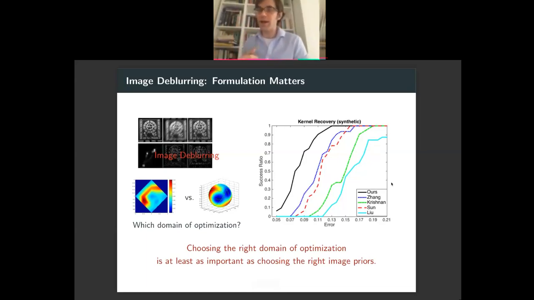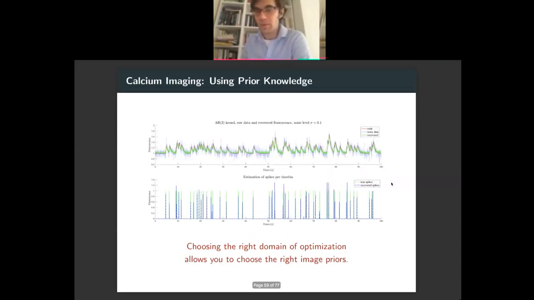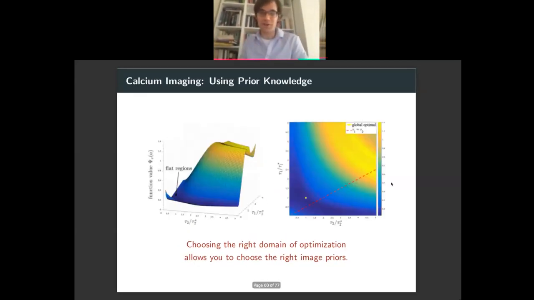So it turns out if you choose the right domain of optimization, then without very many fancy image priors, just getting the optimization correct in the spirit of this seminar, you can actually do quite competitive deblurring. So this is blind image deblurring, comparing a simple method for optimization over the sphere with fancier methods that assume more about the statistics of natural images, but maybe are formulated over different spaces. Okay, and these benefits carry over to other problems as well.